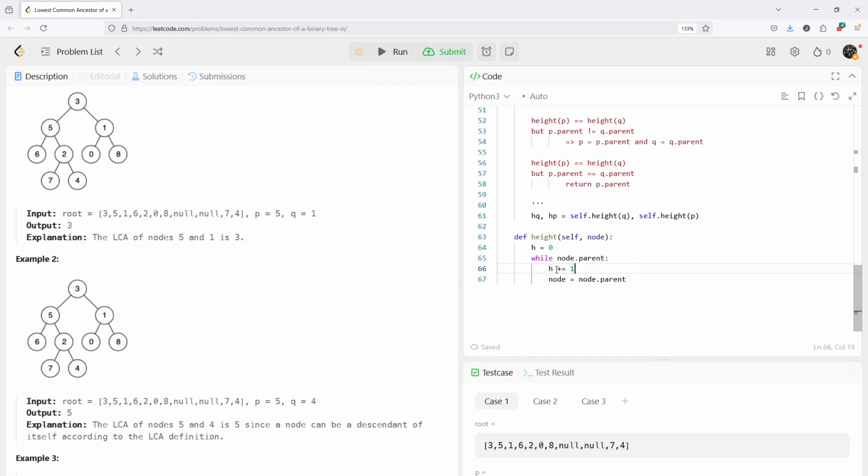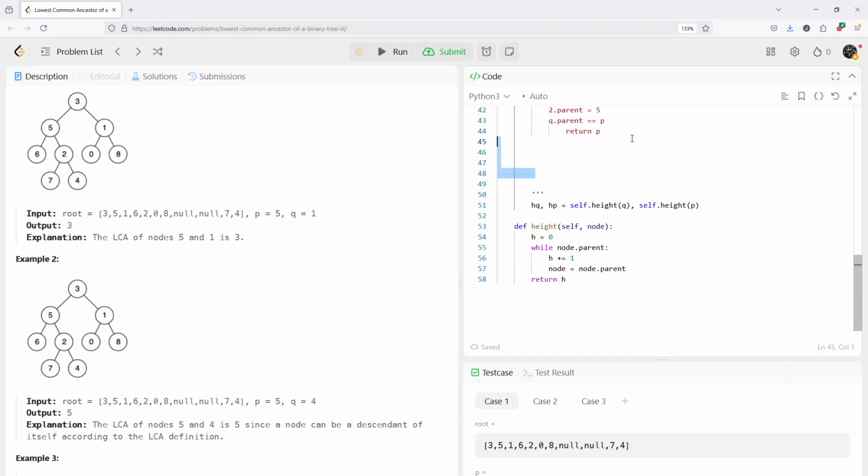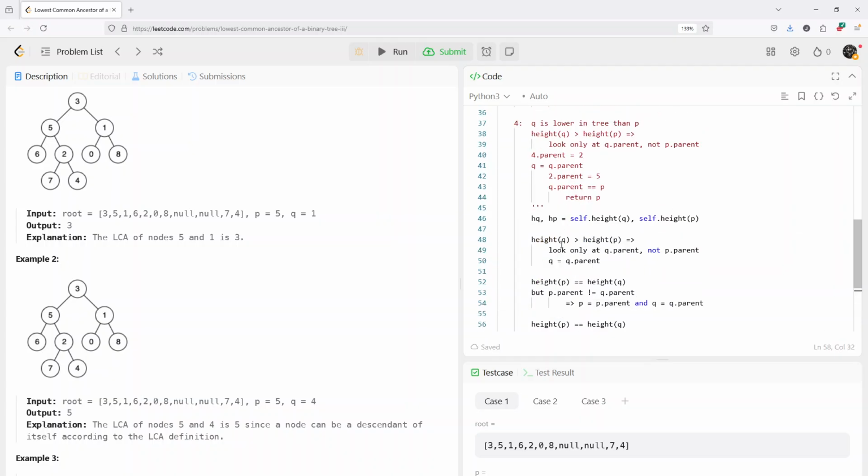While node.parent, H plus equals 1, node equals node.parent, and then return H. Okay, and then now we have these conditions here. If HQ is greater than HP, Q equals Q.parent.